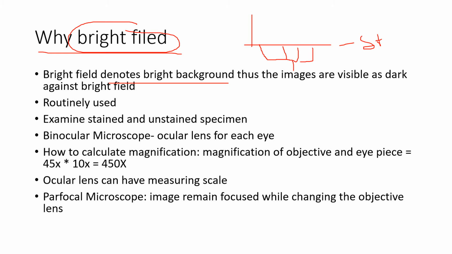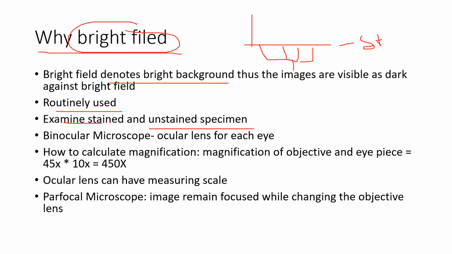That's how we demarcate images. I hope that's clear. Now, bright field is a routinely used microscope. It is a highly common microscope, used every now and then, and it helps in examining stained as well as unstained specimens. We can stain the specimen, and staining procedures will be discussed in other videos.